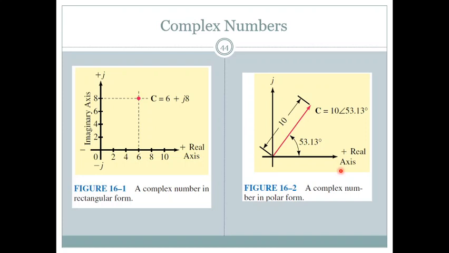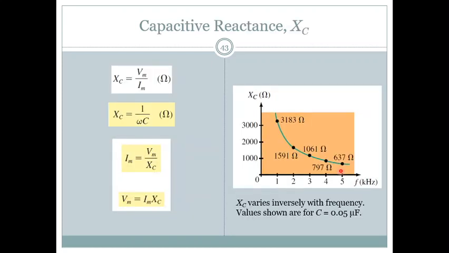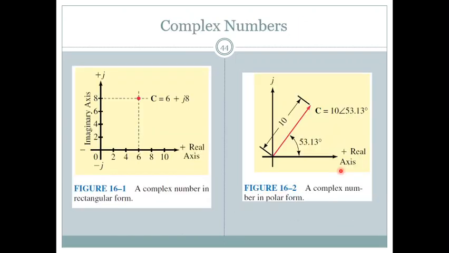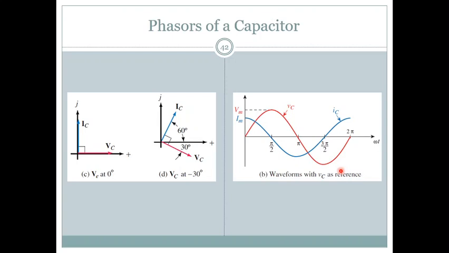Right, so all right, now complex numbers. Before we start complex numbers, why are we discussing complex numbers? Now we talked about these phases, and that the sinusoidal waveforms can be represented by phasors.